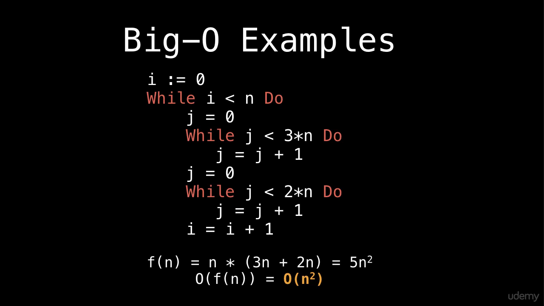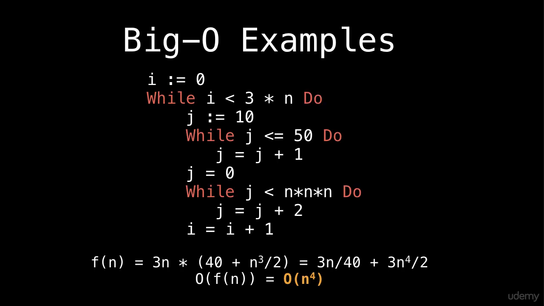The rule we use to determine the complexity of this algorithm is to multiply loops on different levels and add those that are on the same level, generally speaking. So using the rule above, we can see that it takes n work to do the outer loop, multiplied by 3n plus 2n for both inner loops, which gives us 5n squared, which is big O of n squared.